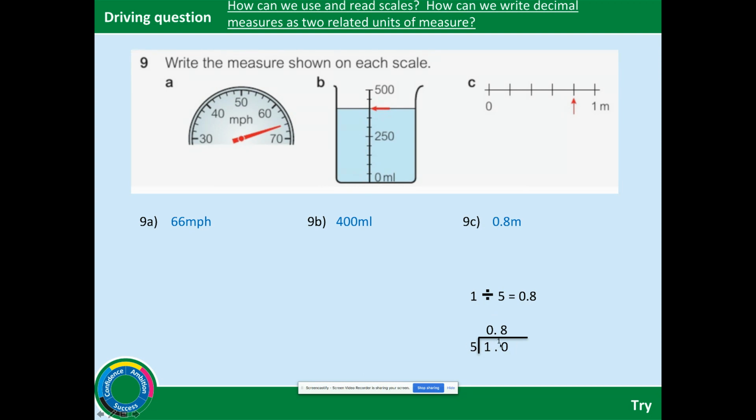It doesn't go at all, so we put the 1 next to the decimal. 5 into 10 is 2. So if each gap is worth 0.2, we have 0.2, 0.4, 0.6, 0.8. That's my answer. And then that would get to 1. So 0.8 meters is showing on that line.